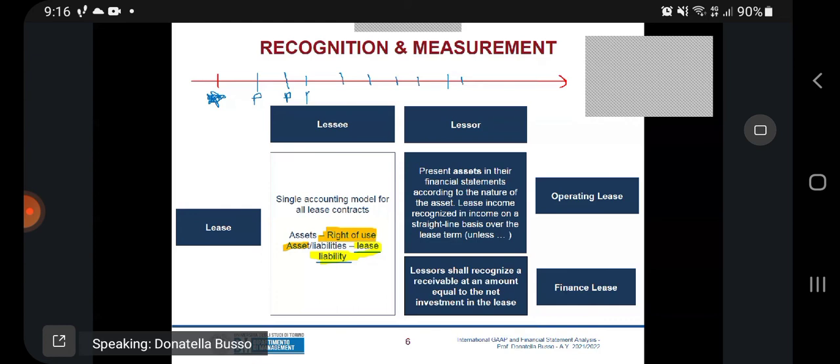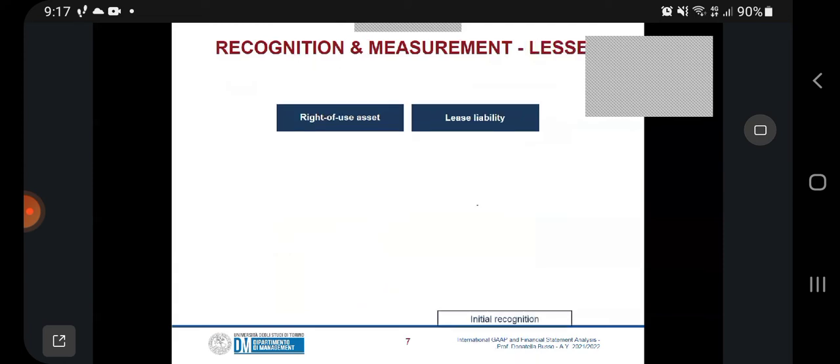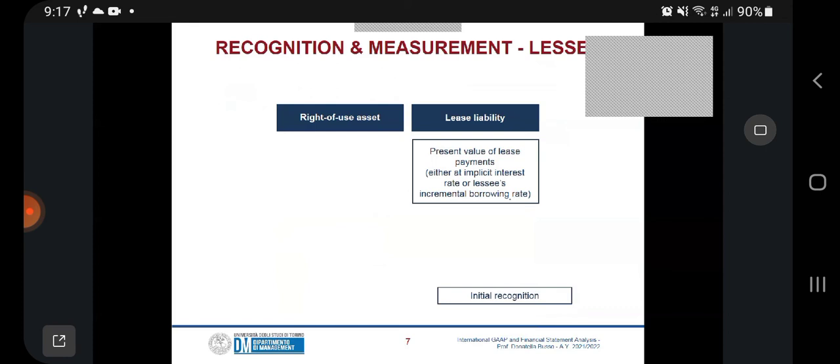There are a lot of payments in the future. We need to determine the lease liability at inception. Any ideas on how to compute the lease liability today, if we know that we are committed to a lot of payments in the future? Present value. Exactly. The present value of the lease payments.